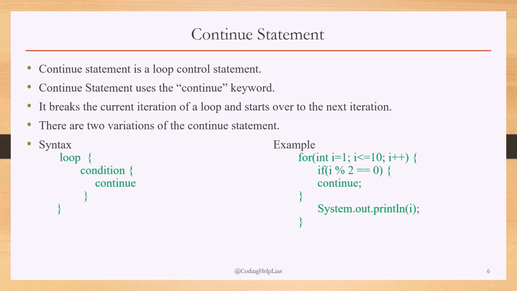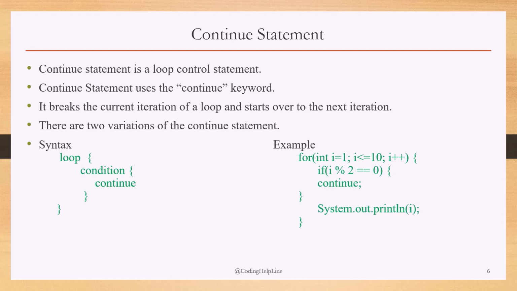So if the condition is true, we place the continue keyword here, and this continue keyword stops the loop iteration and does not execute anything after this block and goes to the next iteration. This is an example, and I will show you the variation of this in the next slide.